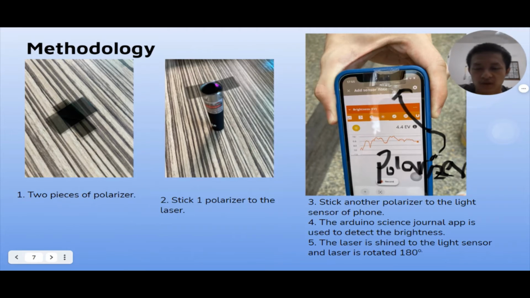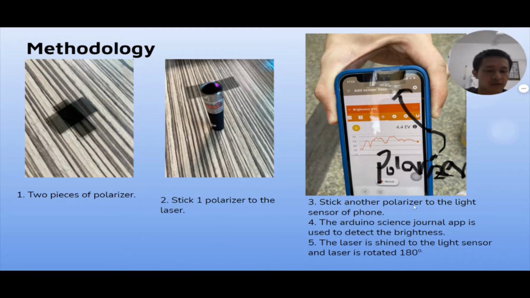So to observe the change in light intensity when passing through the two polarizers, first we need two pieces of polarizer, and then we stick one polarizer to the laser. So when we rotate the laser, the polarizer will rotate together with it.